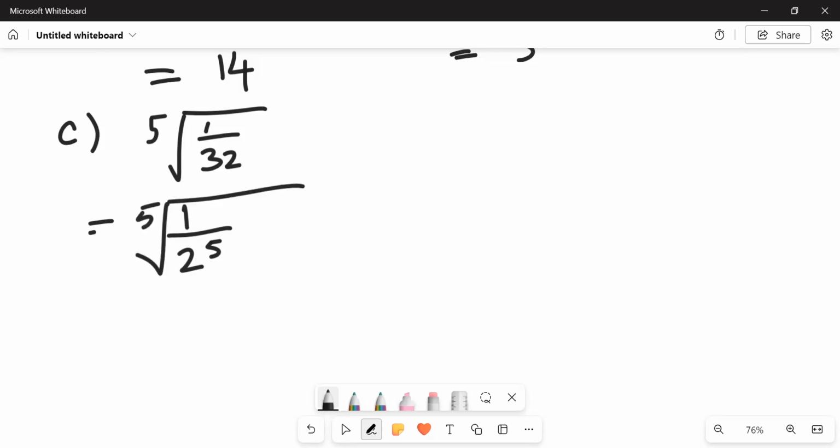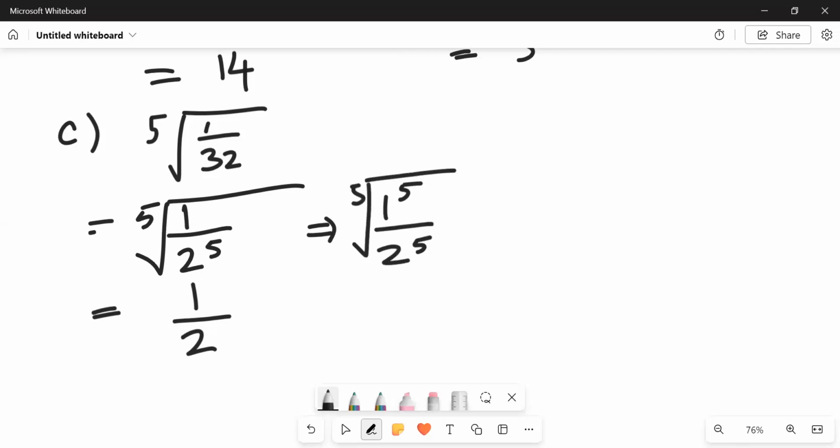So we can write this as 1 over 2, because we have the fifth root of this fraction, and the 1 over 5 and the 5 can cancel out with each other.